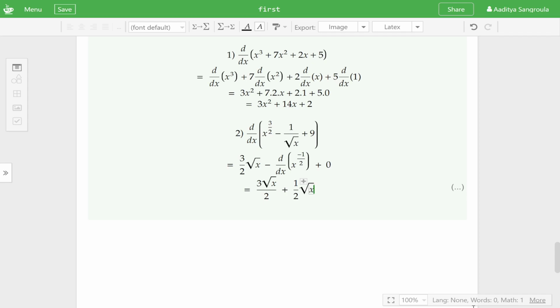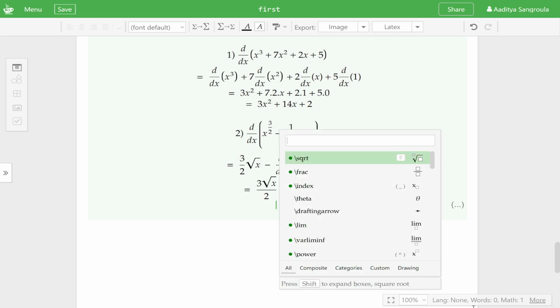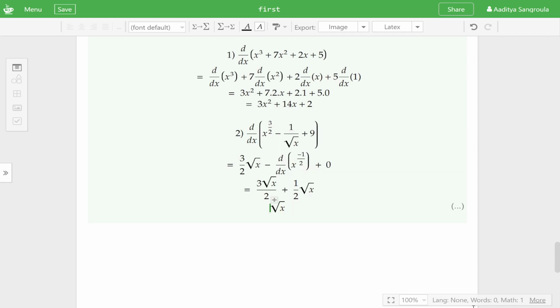Root x. Because 1 over 2 plus 1 is just 1 over 2 plus 0. So we can take root x as a common factor. So this is going to be square root of x, and we can write it in this way, outside of the root.